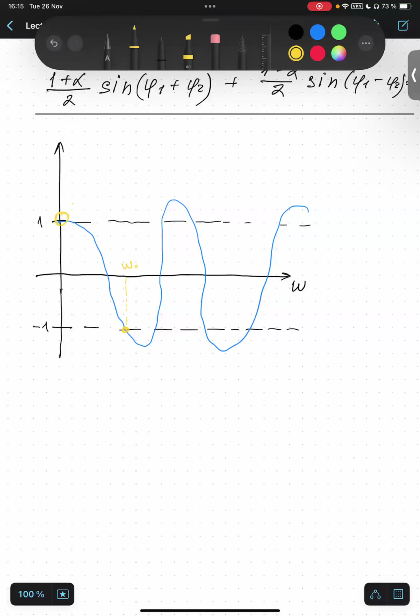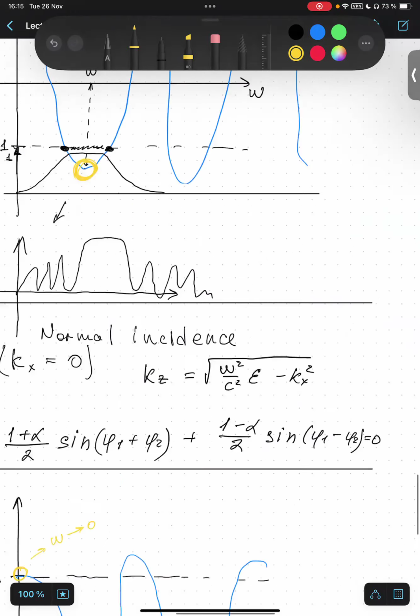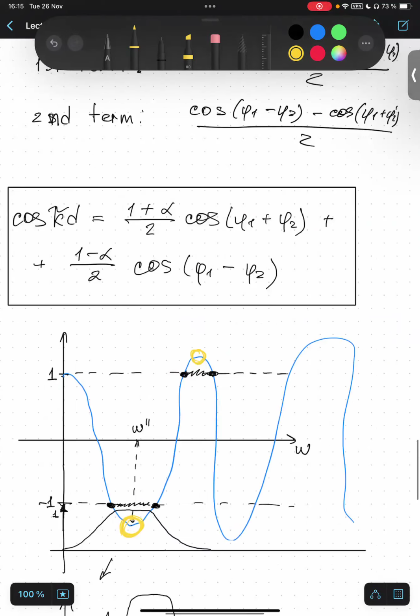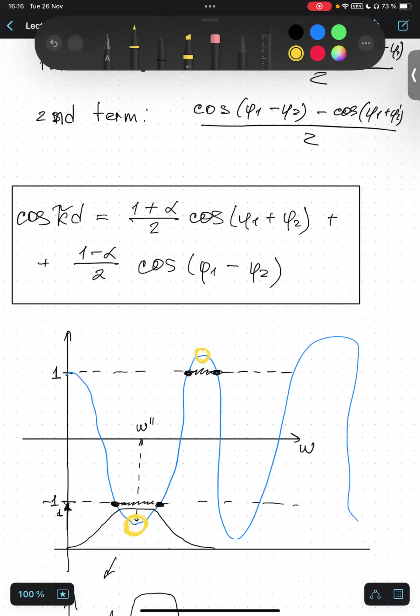Sorry, omega, can you repeat, please, why we have sinuses there? Sinuses. Well, you see, we have our dispersion relation. So we know that the band gap is somewhere here.